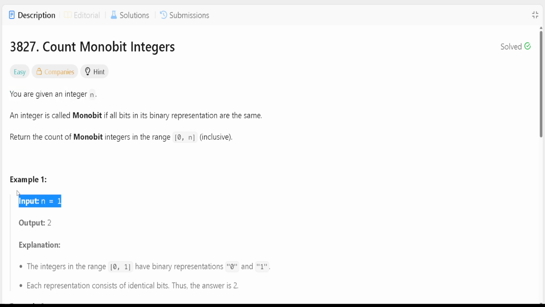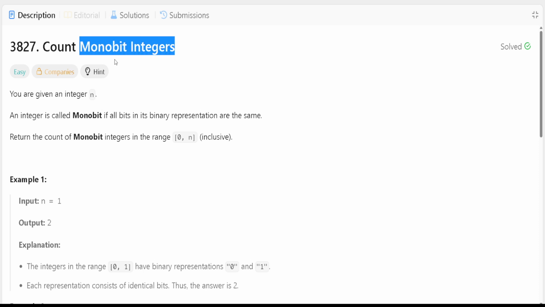Okay, so let's start. We are given an integer called n, and a number is called monobit if all bits in the binary representation are the same.